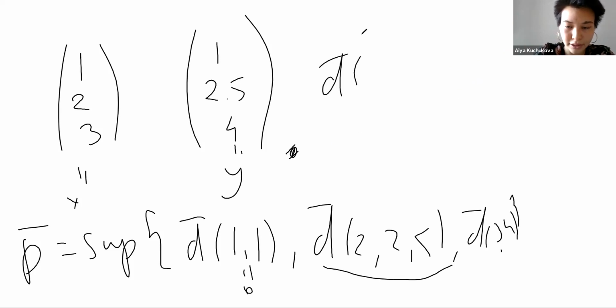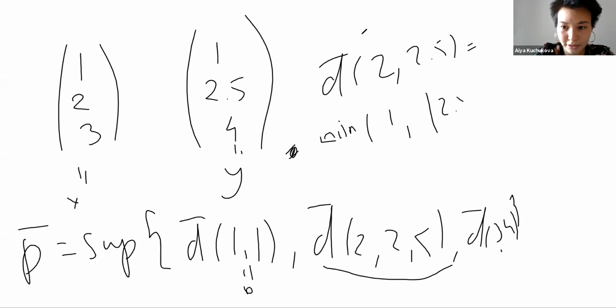Then d bar(2, 2.5) is the minimum between 1 and 2.5 minus 2, which is 0.5, of course. So this equals 0.5.